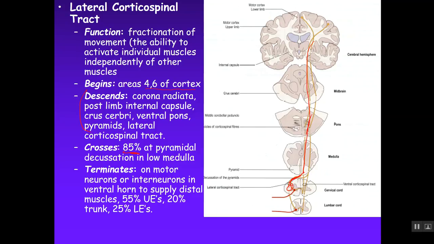So 85% cross over in the pyramidal decussation, right here, in the pyramids.